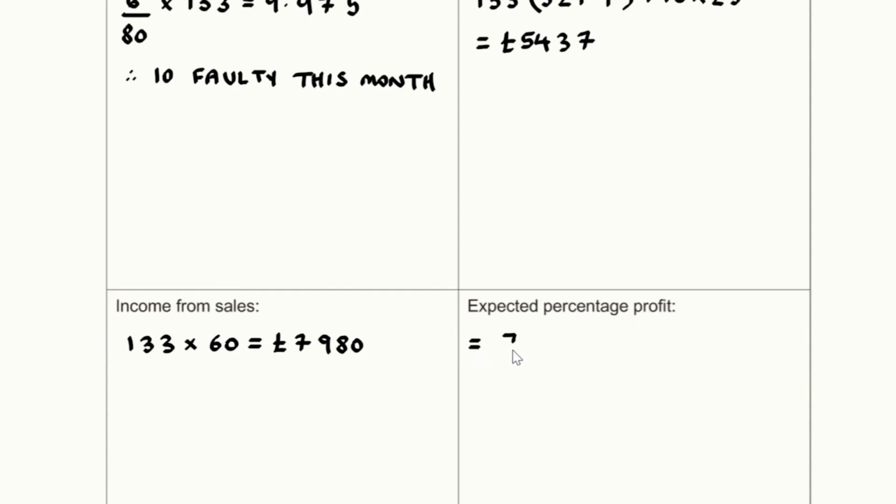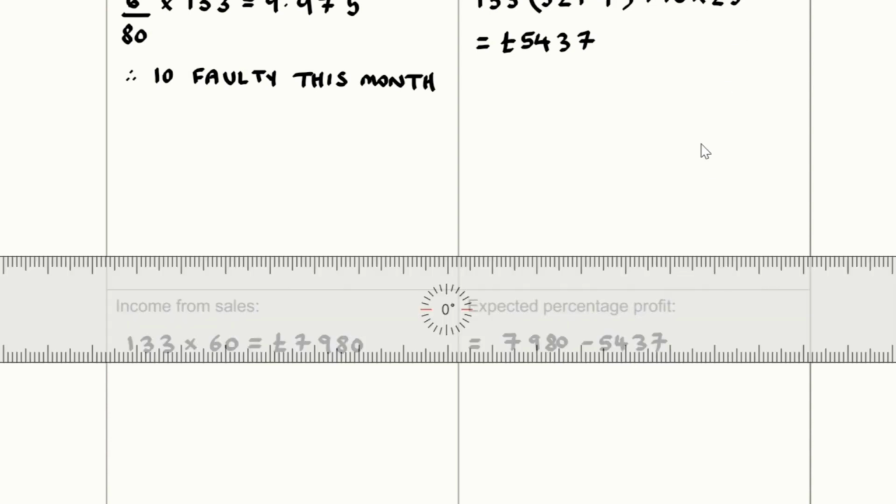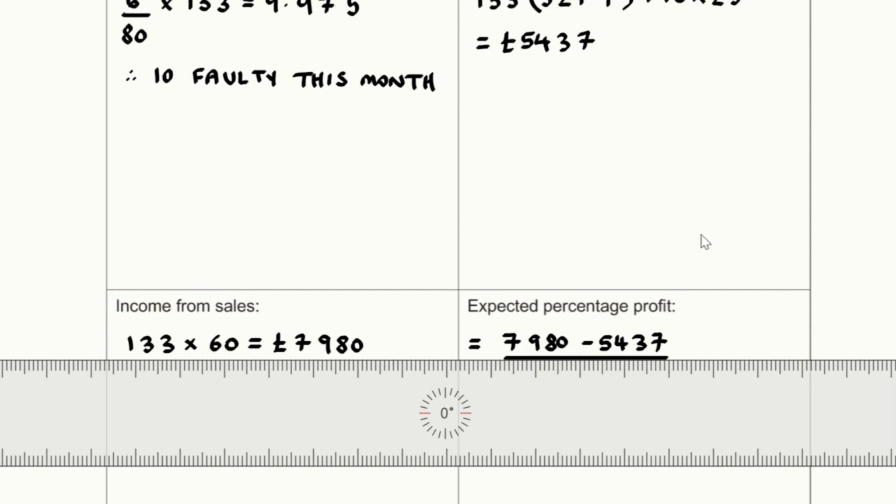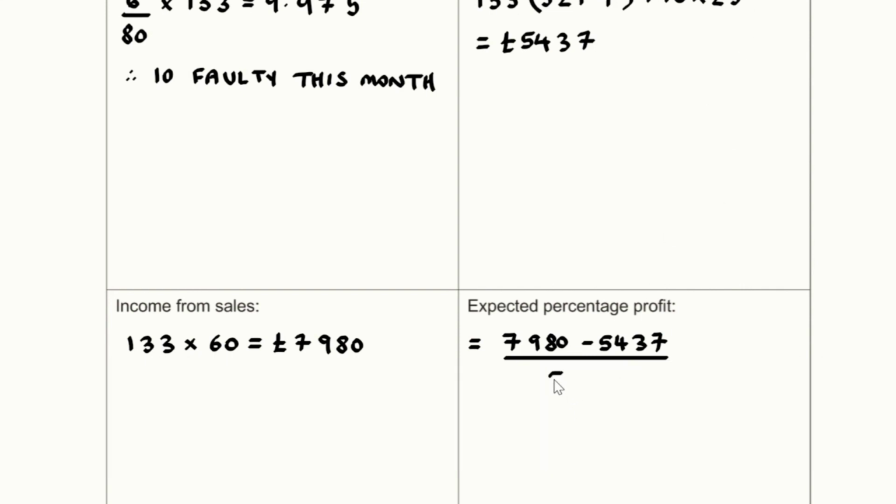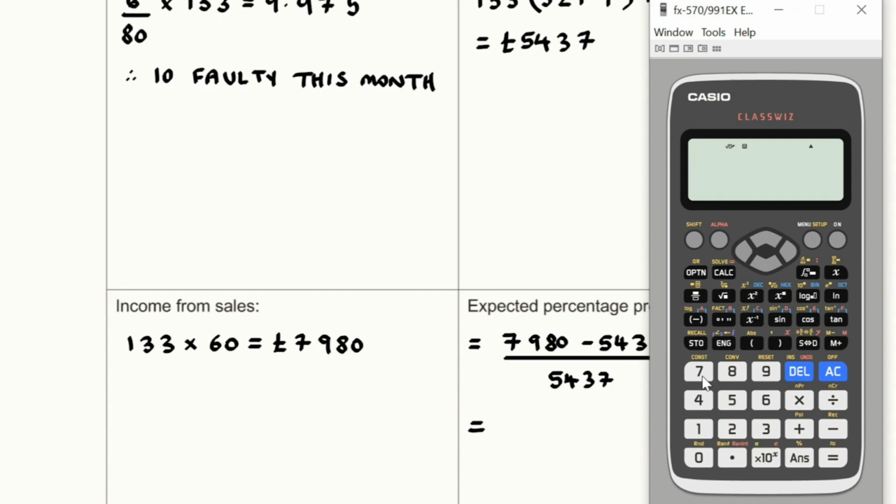This will equal 7,980 minus 5,437, divided by the original amount, 5,437, and then we multiply this by 100. So 7,980 take away 5,437, divided by 5,437, times 100.